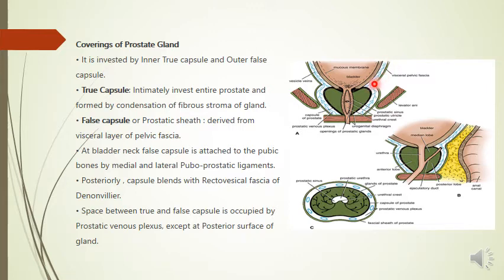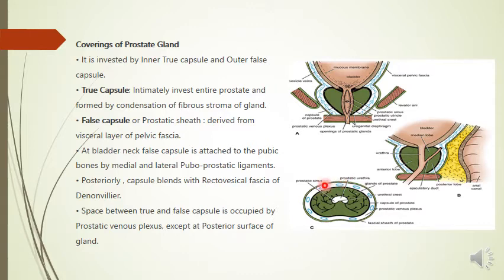So the visceral layer of the pelvic fascia forms the false capsule for the prostate, and at the neck of the bladder, the visceral layer of the pelvic fascia is attached to the pubic bone by puboprostatic ligaments, and posteriorly the capsule blends with the rectovesical fascia.